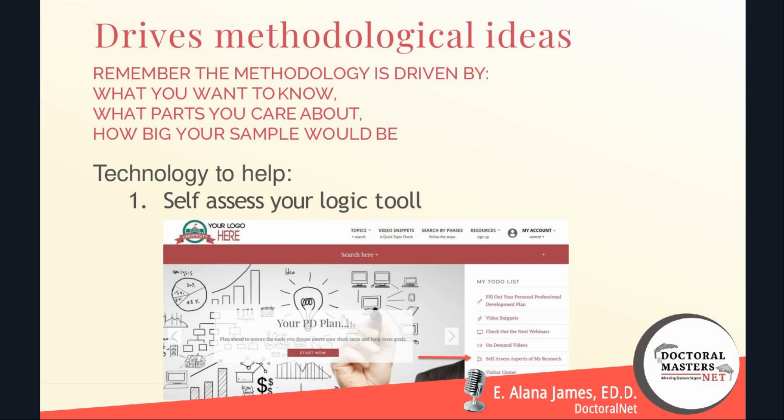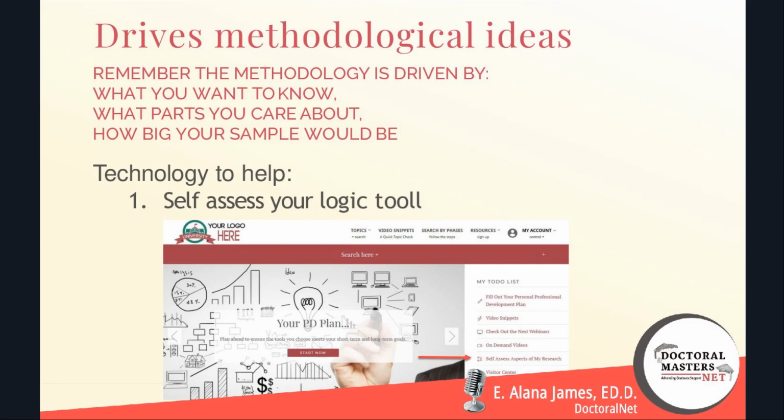If you're an engineer and your methodology is going to include a simulation, you need to have the tools you need to make the simulation work. If you're a biologist, you get my drift. You have to be able to get to the things that your methodological choices require of you.